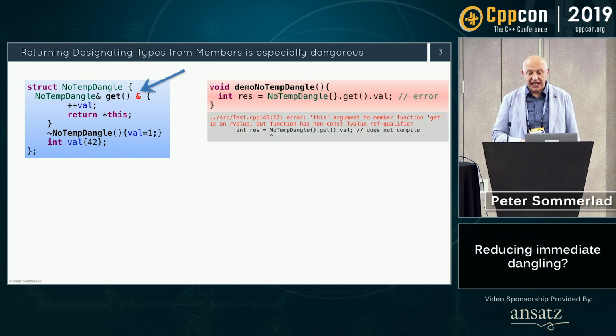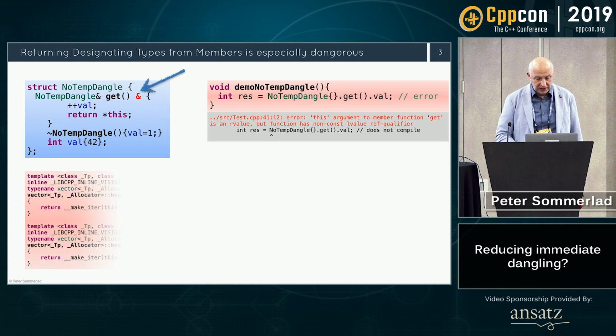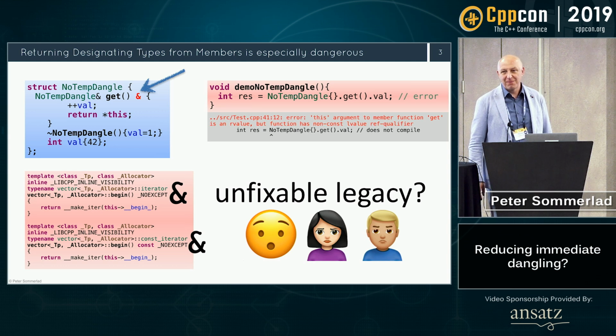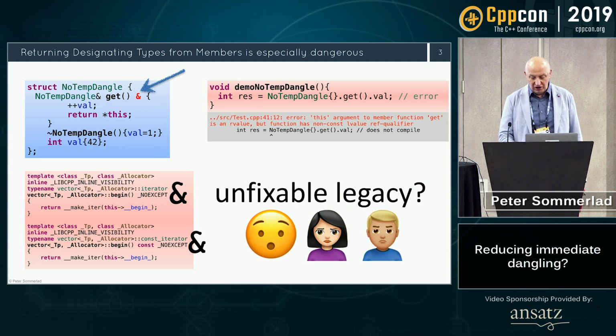With that change, my example from before, if we call .get and then the value where we might get immediate dangling, no longer compiles, because we can no longer call .get on a temporary object with the ref qualification. And we have all the standard library where it's still missing, and even the defaults we have are wrong.